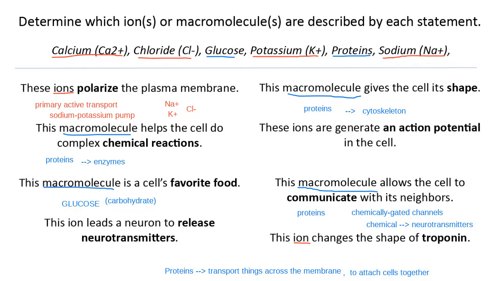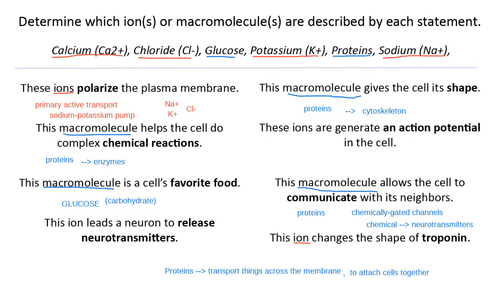Troponin is one of my proteins found inside the sarcomere. Troponin is one of my regulatory proteins, just like Miriam said. It's a regulator. The way that troponin can regulate muscle contraction is because it's sensitive to an ion. One of our ions from the list up there comes down and changes its shape when it attaches to troponin.